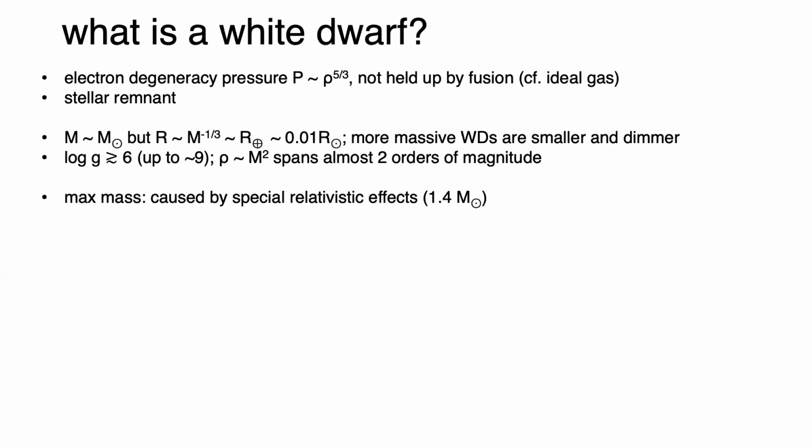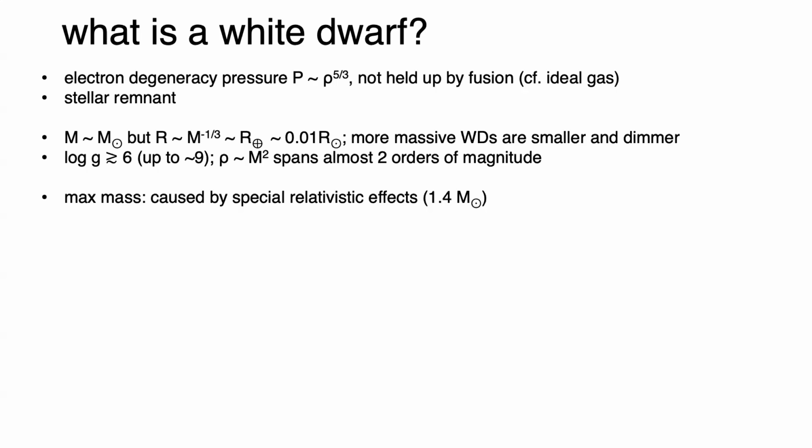And then here are some other properties about them. They are quite a diverse class of objects, but just to give you an idea, you should be imagining something of order a solar mass, maybe a little bit more, maybe a little bit less, and something of the order of an Earth radius. So quite a compact object, maybe not compact enough for people here to be satisfied.